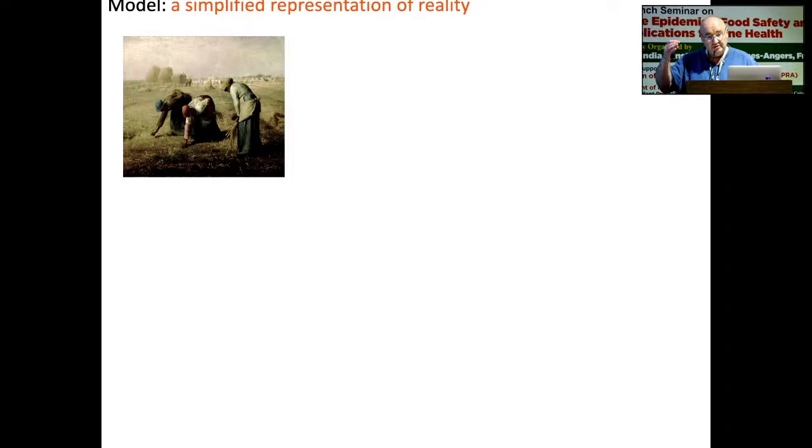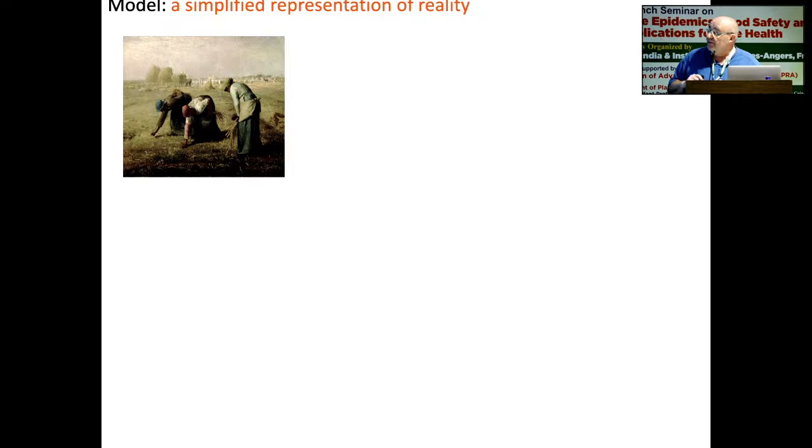It's a way to show the differences between the rich farmers who own their farm and workers who are not rich and who have to take the food left on the soil in order to eat. So what I want to stress is that, if we agree with the definition, this is a model of reality.